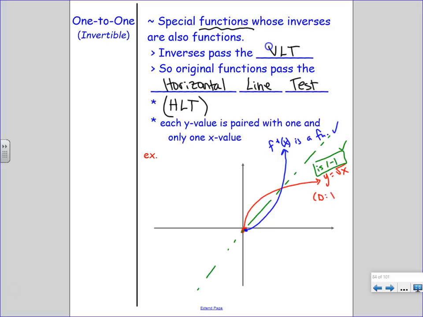Everything greater than or equal to 0. Remember, it starts at 0, 0. So when we find the inverse, this domain gets translated over to the inverse. If x could only be greater than or equal to 0 in this one, what's the restriction for this one?